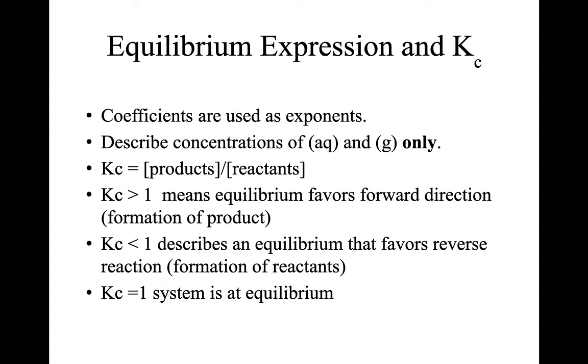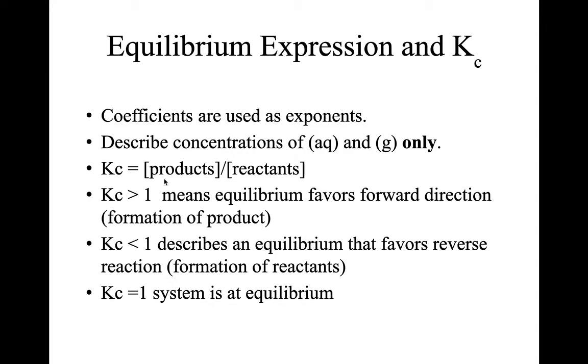So when writing an equilibrium expression, we have our balanced chemical equation, and the coefficients in that equation just become the exponents in our equilibrium expression. It's written as the concentration of products over the concentration of reactants.